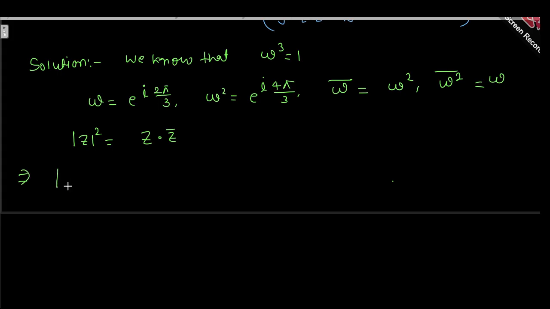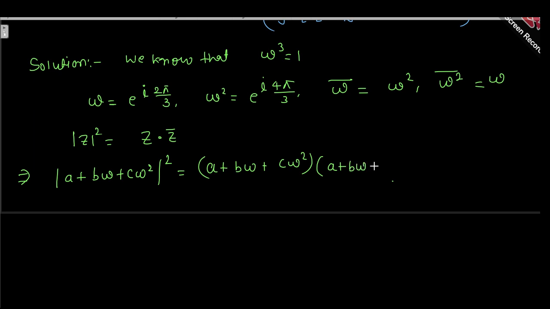Now the given quantity is mod of a plus b omega plus c omega square, raised to power 2. So we can write this as a plus b omega plus c omega square times the conjugate of a plus b omega plus c omega square.